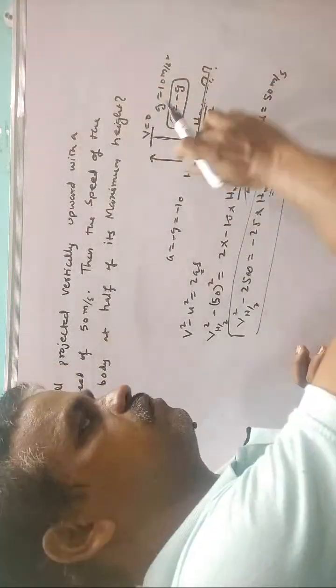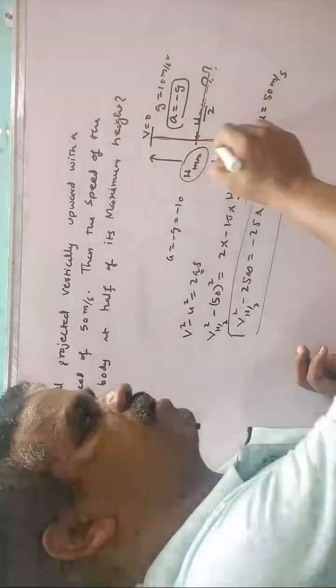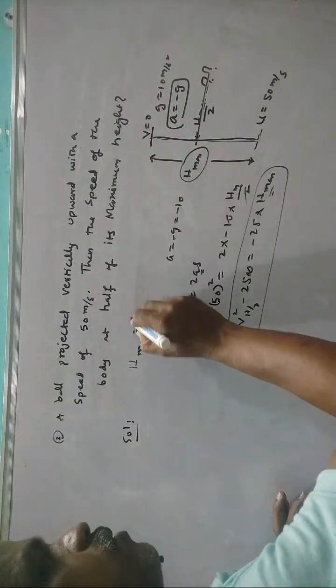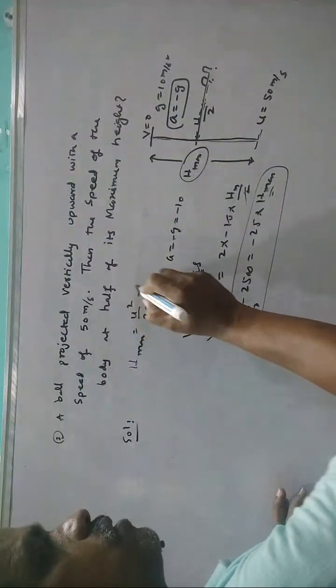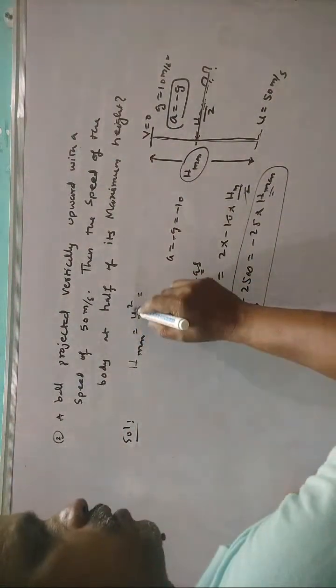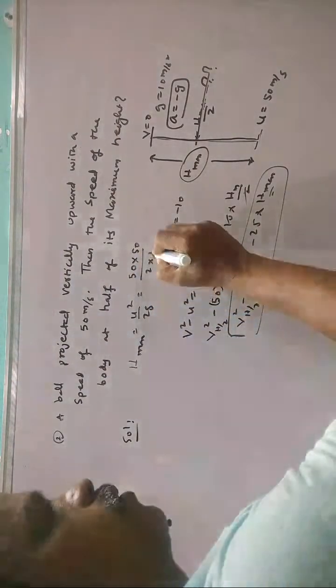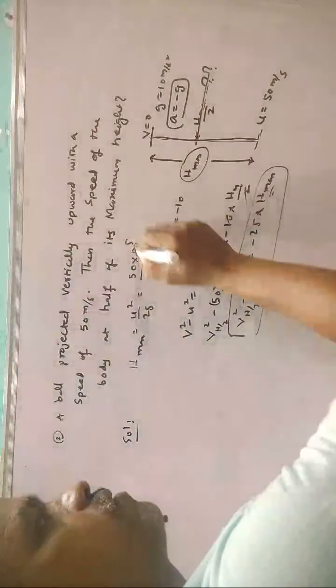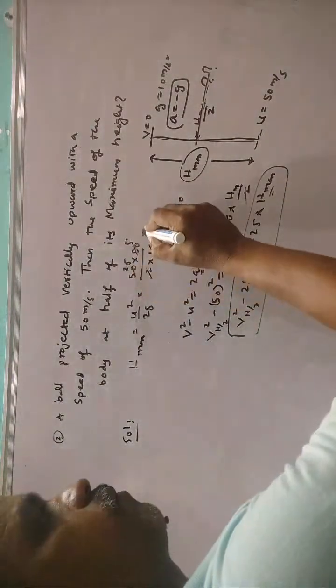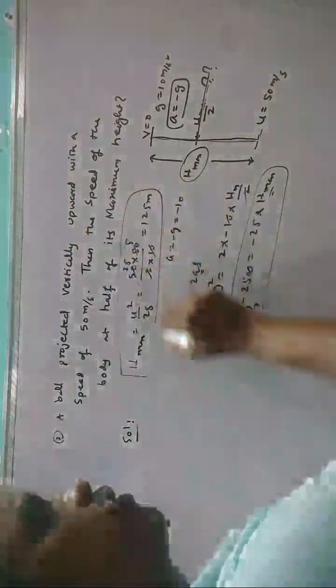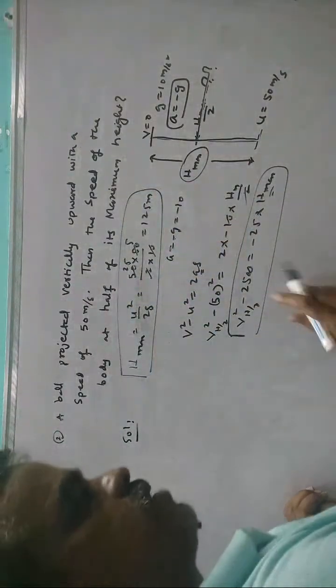Based on this we have one formula for maximum height: h maximum equal to u square by 2g. Already I discussed this one. So u equal to 50, 50 into 50 by 2 into 10, that is 125 meter.